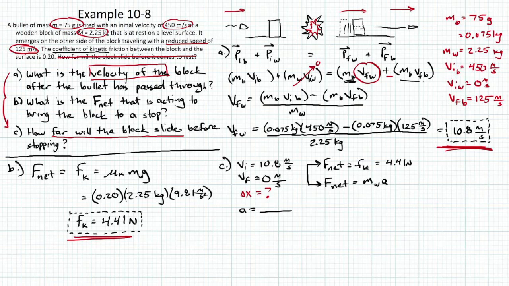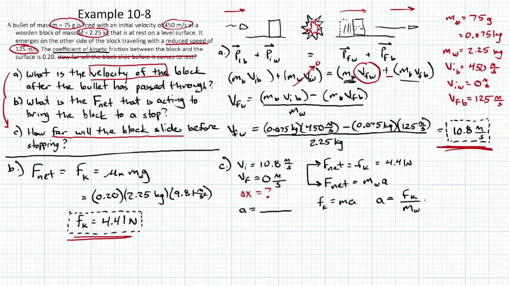So let's set the friction force equal to mass times acceleration, and we should be able to solve for acceleration. If kinetic friction equals mass times acceleration, then that means that the acceleration is going to be kinetic friction divided by the mass.